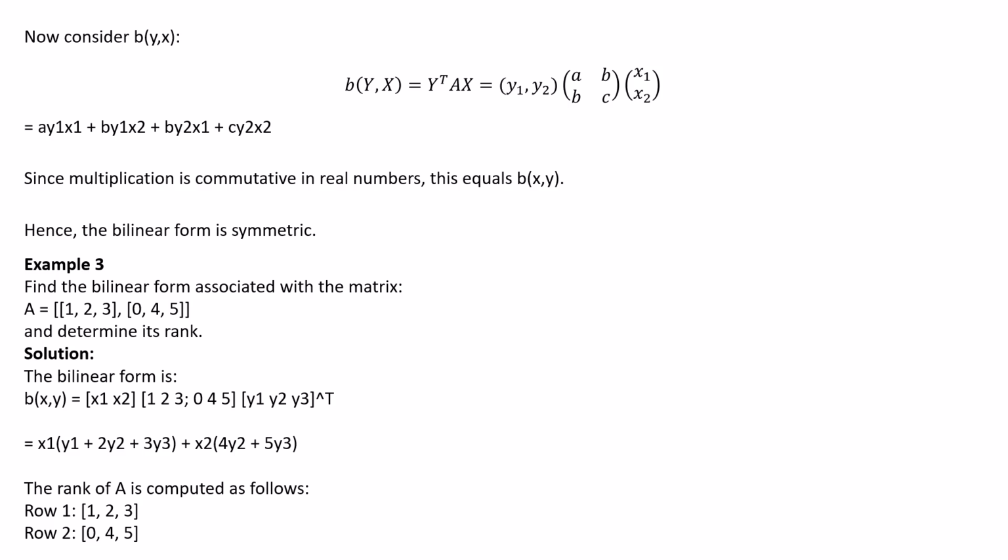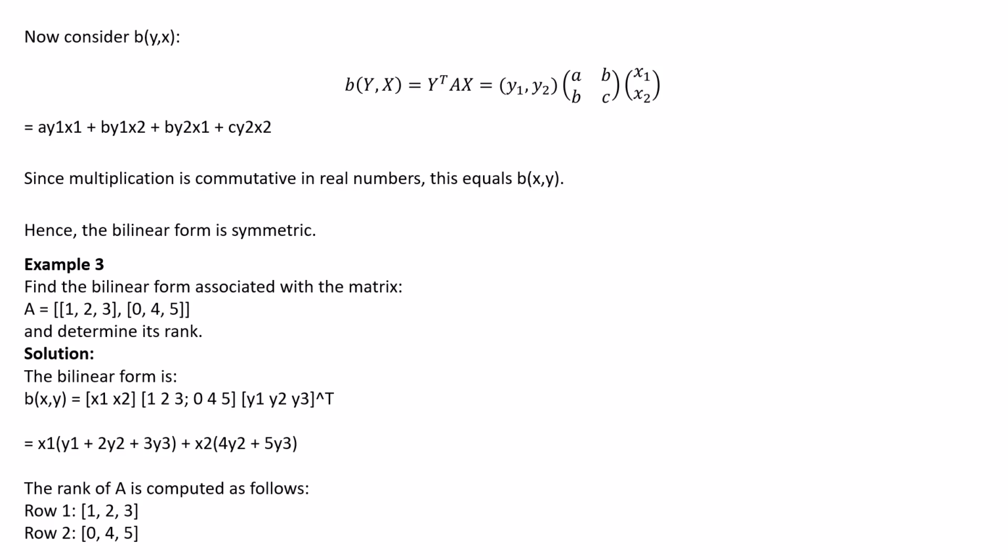So you have y1, y2, multiplied by your matrix A, which is A, B, B, C, then multiplied by the column vector x, which is x1, x2. When you multiply your A by x, you get the product, then you use your y to multiply the result. So you will have Ay1x1 plus By1x2 plus By2x1 plus Cy2x2.